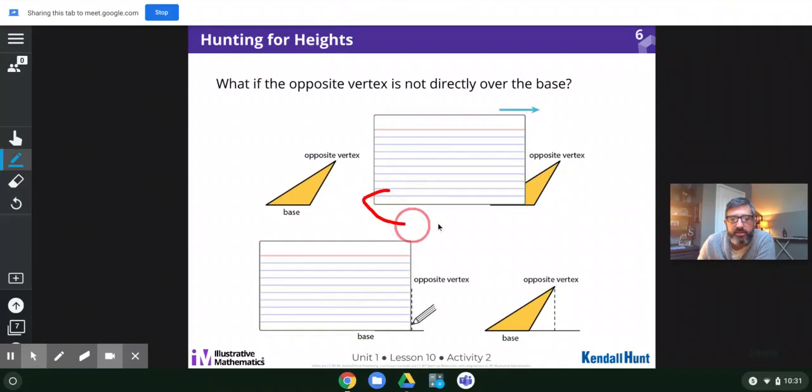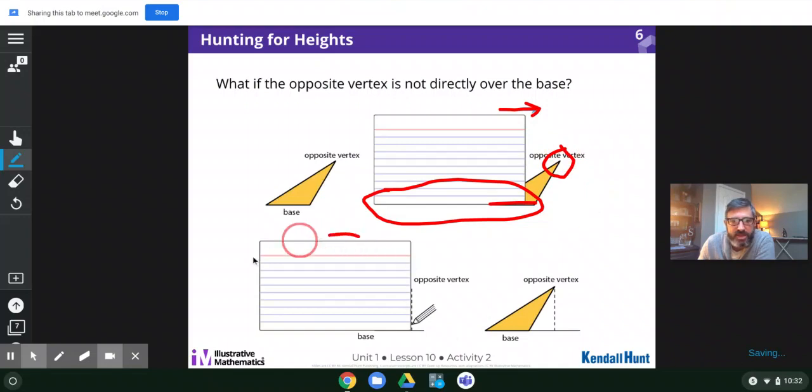So they lined the bottom side of the index card up with the base, and then they slid it to the right along the base until it's lined up with the opposite vertex. You can see that in the example here.